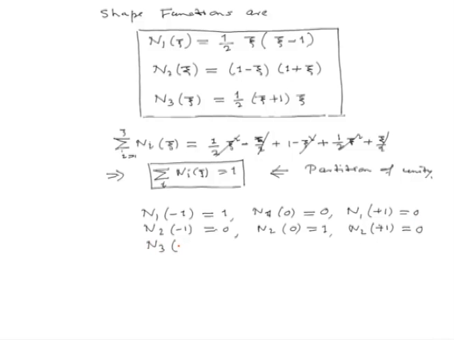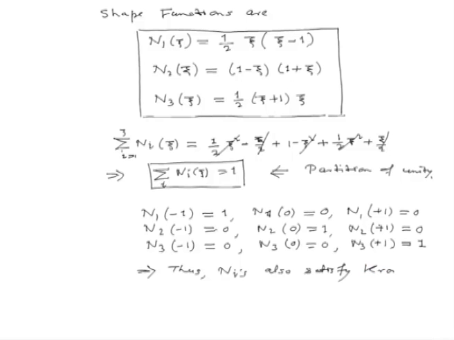Similarly, N3 at minus 1 is equal to 0, N3 at 0 is also 0, but N3 at node 3, that is N3 at xi equal to plus 1, is equal to 1. So, thus these shape functions, our N_i's, also satisfy the Kronecker delta property.